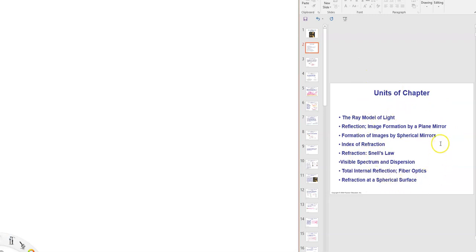So the topics we're going to discuss are the ray model of light. Previously we talked about this: when a source emits electromagnetic radiation, it emits in 3D in all directions. To represent these outgoing waves, we use something called a ray, a straight line.